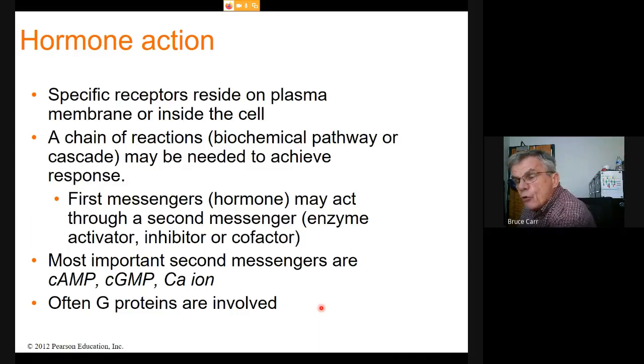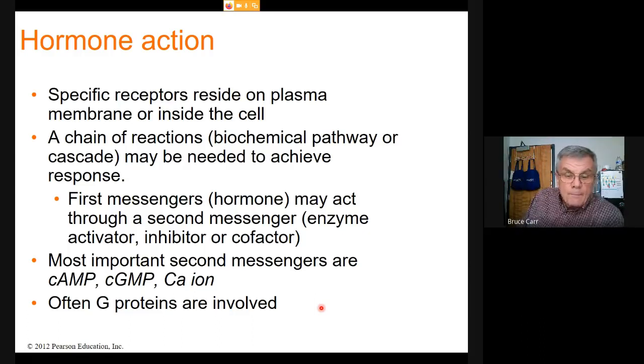We saw this before in the nervous system when the main neurotransmitter was acting on a G protein. And once the G protein was activated, we got the production of what? Cyclic AMP. So there was a chain of reactions before the actual effect was produced. The same can occur in the hormones of the endocrine system.